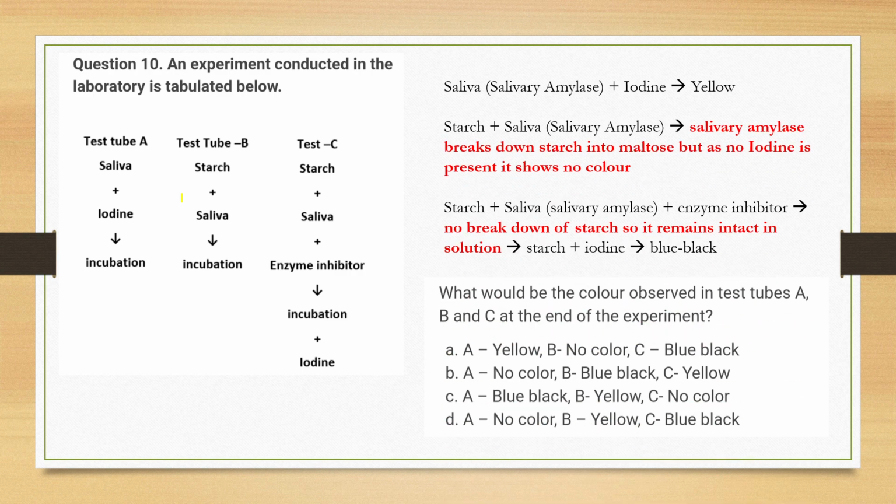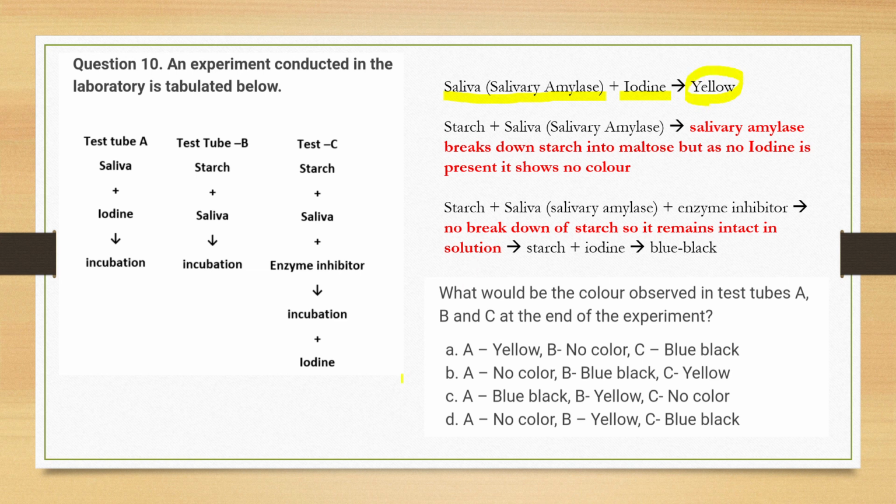In test tube A, you have put saliva, which contains salivary amylase, and you have put iodine with that. See, salivary amylase alone cannot do anything. So if you mix saliva and iodine, only the color of iodine will show. So test tube A will show yellow color.